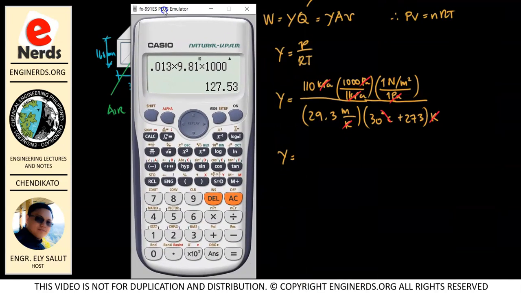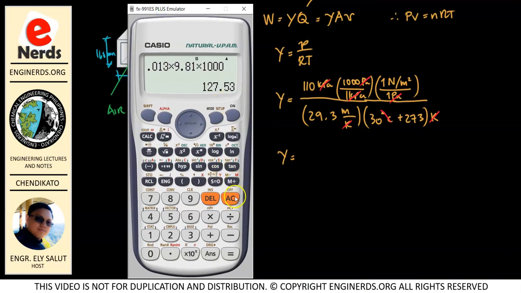Our specific weight will be equal to, let's bring our calculator here, 110 times 1000. Then we will divide this by 29.3. And then we're going to divide this by our temperature, which is 30 plus 273.